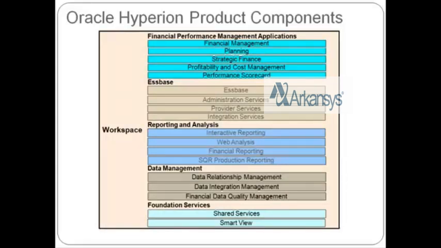data relationship management, data integration management, and financial data quality management. These three tools are utilized to create the data management in the system when we are pulling the data into the Hyperion system, and at the same time to monitor, maintain, and validate the quality of the data, because we want only the data going into the system to be meaningful, logical, and quality data.